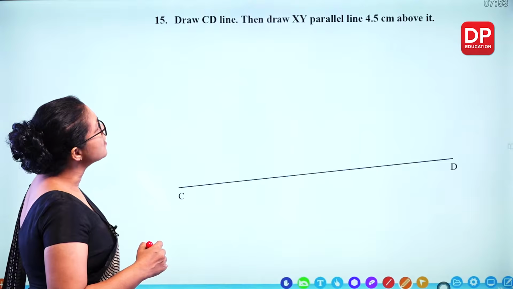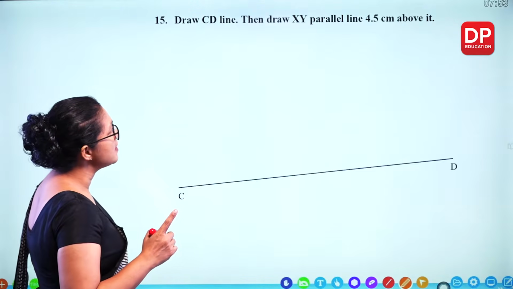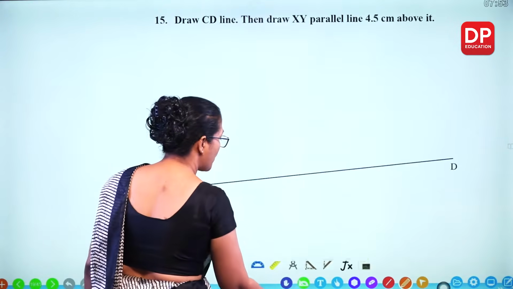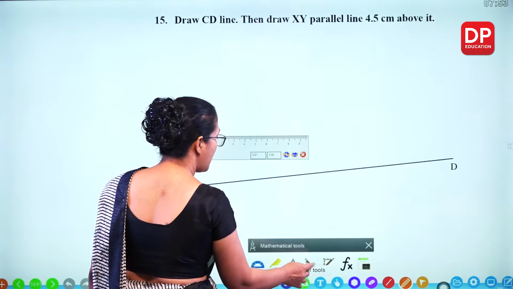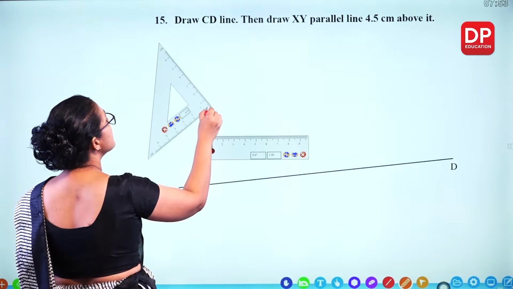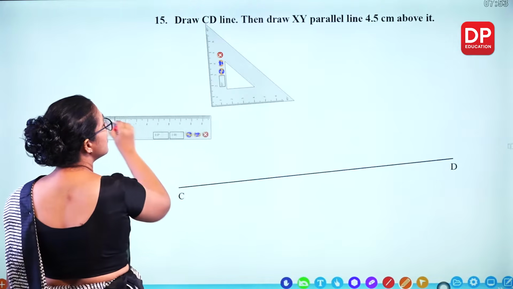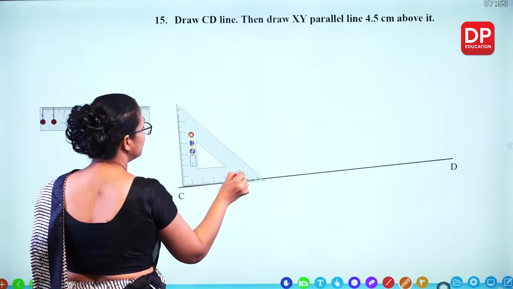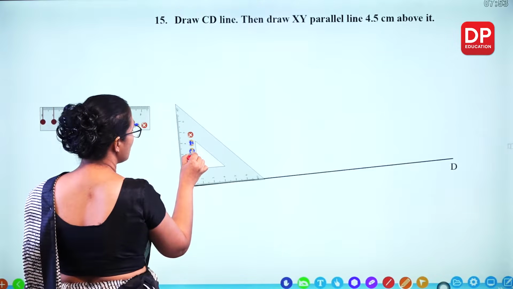Then draw XY parallel to the line 4.5 centimeters above it. So again 4.5 centimeters, so you need to measure that. Take the ruler and the set square. So we'll first keep this on top of the line and we'll measure 4.5.